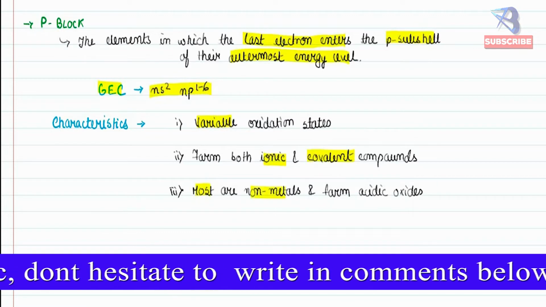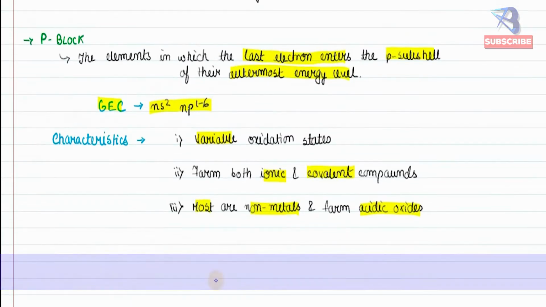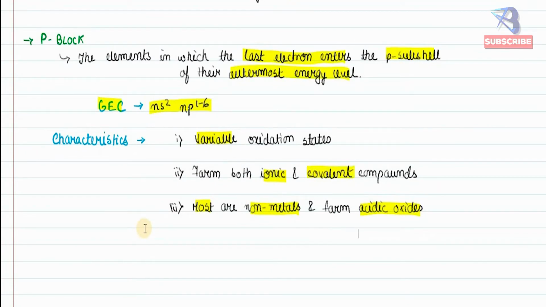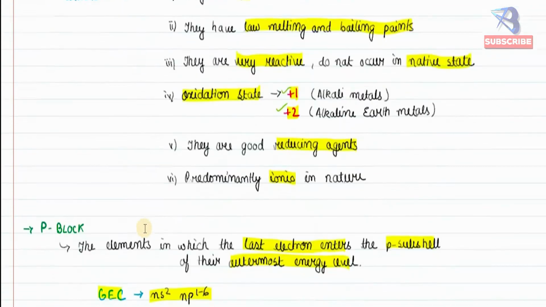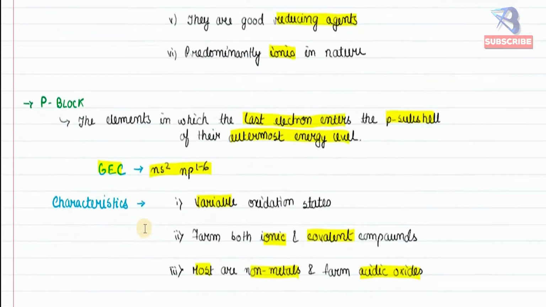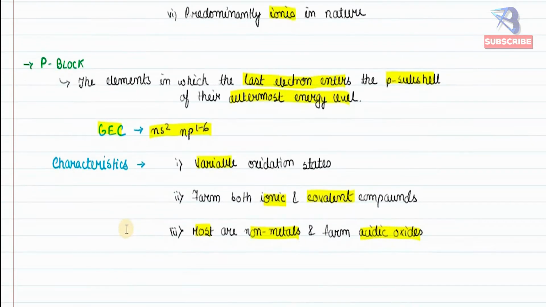Most of them are non-metals, and that's why they form acidic oxides. So what have we learned? The s block is mostly ionic, they are metals, and they are very reactive reducing agents. The p block can be both ionic and covalent. They are mostly non-metals and form compounds with variable oxidation states.